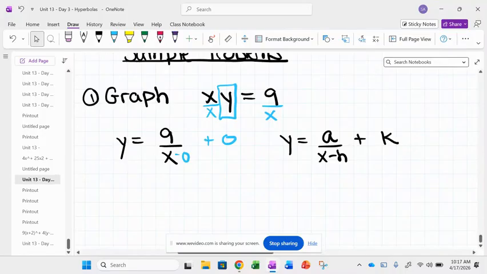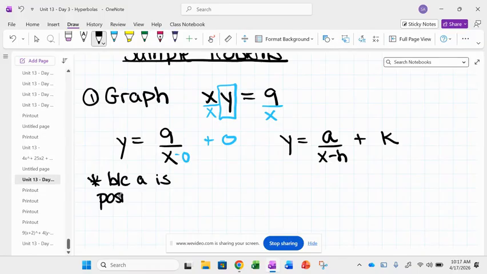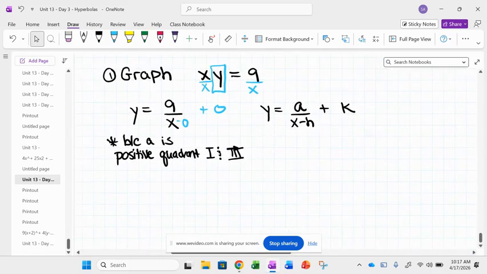So now, because my a is positive, we're going to be in quadrants 1 and 3. The first thing I want to do is identify my center point.